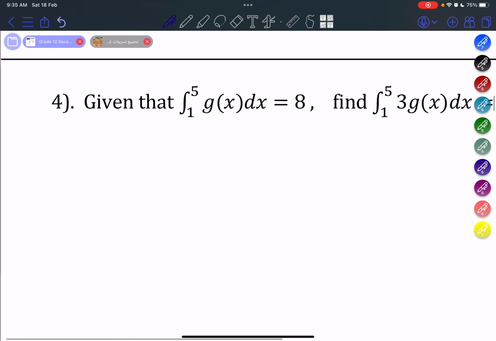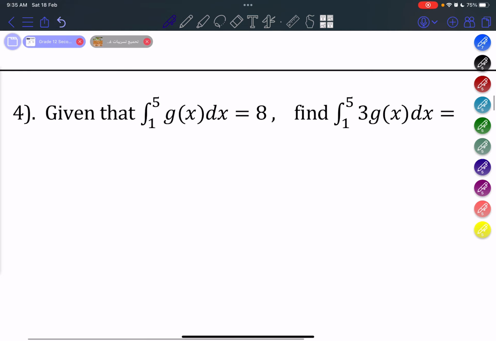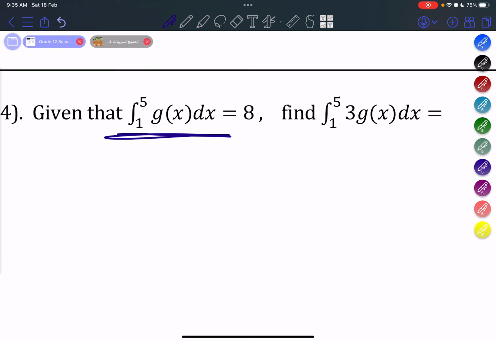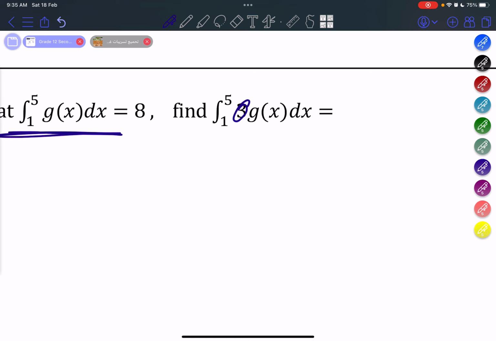Moving on to question 4. Given that, okay. So they've given us the integral notation from 1 to 5 of g of x dx equals 8. Find, this time they put 3 here. Same thing, same equation, but they just put 3 here. And we learned one of the properties of integral, that if we have a number, let's call it c, behind the function, then we can put it in front.